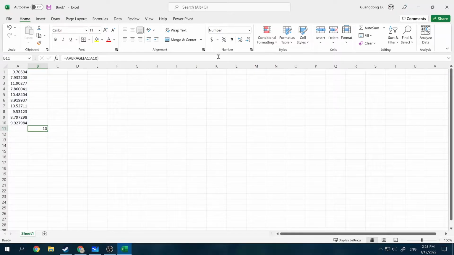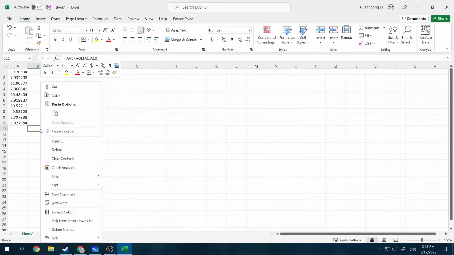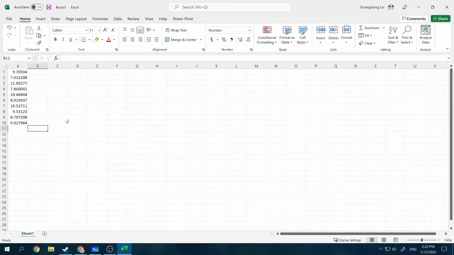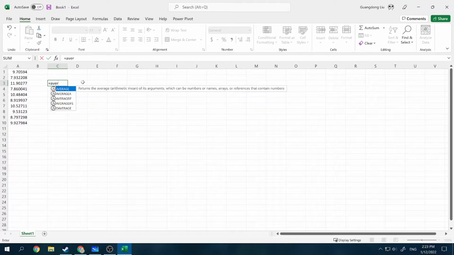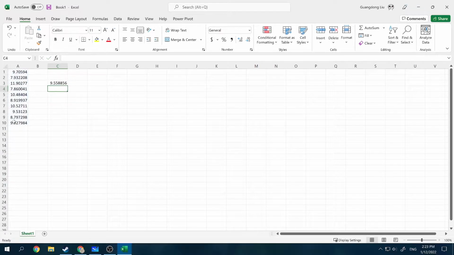Let's put it in a different place. So equals average, and then select all this, hit enter, then this is the average of all the measurements.